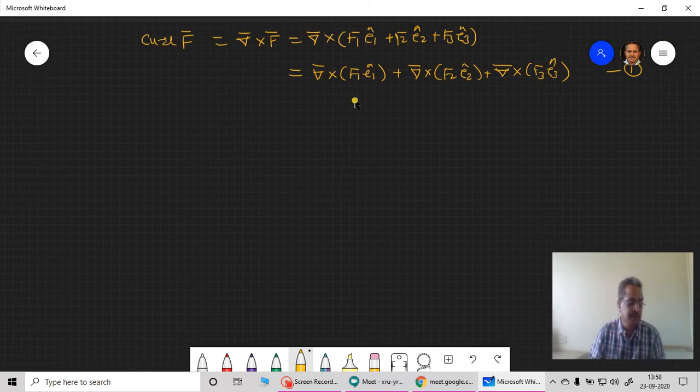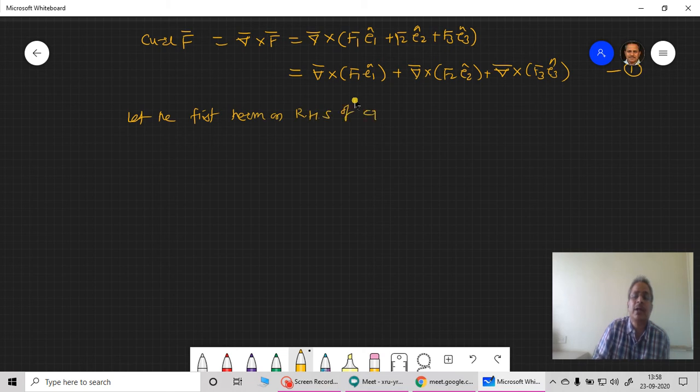Now what next? Let's consider the first term on the RHS, the right hand side of equation 1. We have to concentrate on this term, which is del bar cross f1 e1 cap.